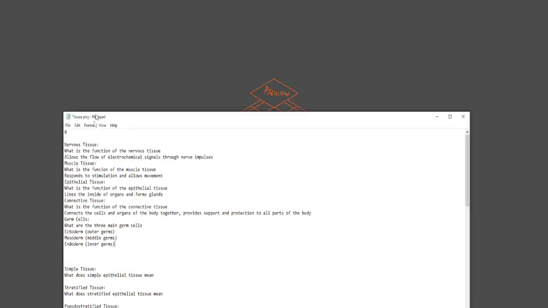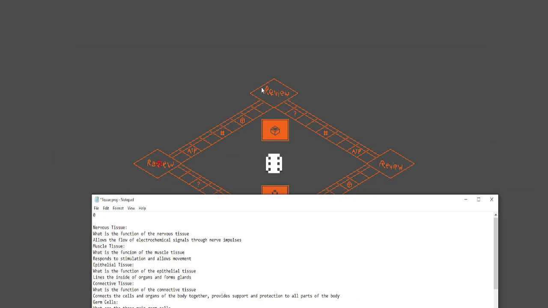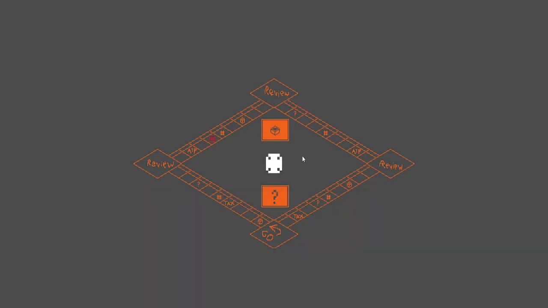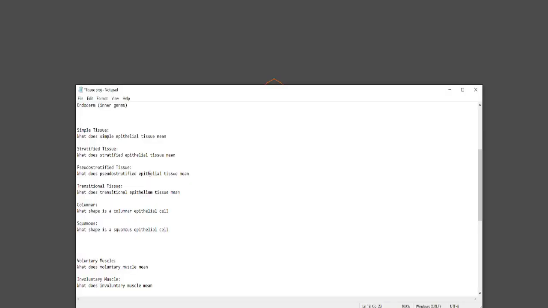Alright, let's roll again. 4. I think 4 is pseudo-stratified. What does a pseudo-stratified epithelial tissue mean?